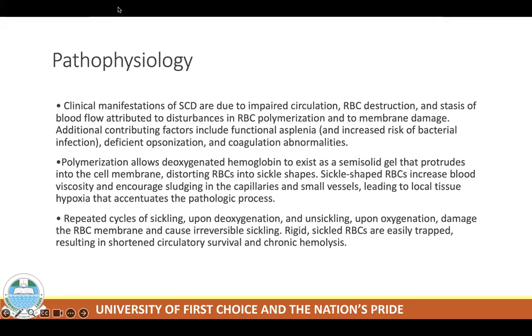Because these red blood cells are continuously changing and becoming deformed, right? This can lead to them adhering together and breaking up. Once they break up, of course, that's hemolysis. That ends their life. But because of that change in their shape, they do not last as long as normal red blood cells.